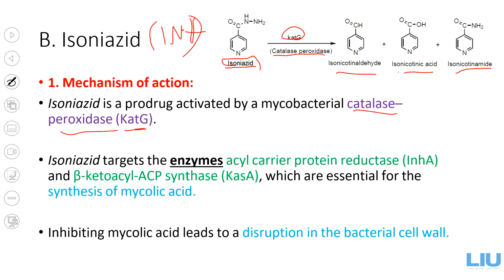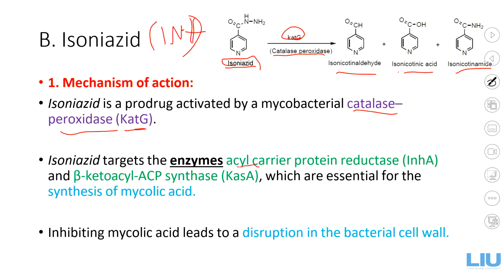the bacterial enzymes. Those forms attack 2 kinds of bacterial enzymes. Those are the enoyl acyl carrier protein reductase, which is known as InhA. INH is from isoniazid, so InhA is the first enzyme.